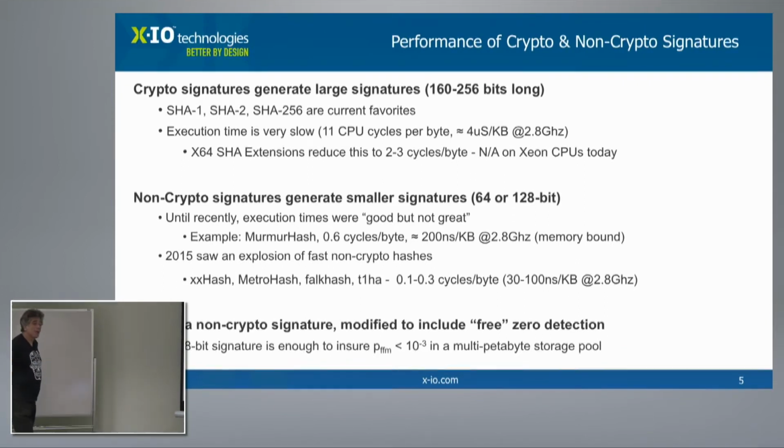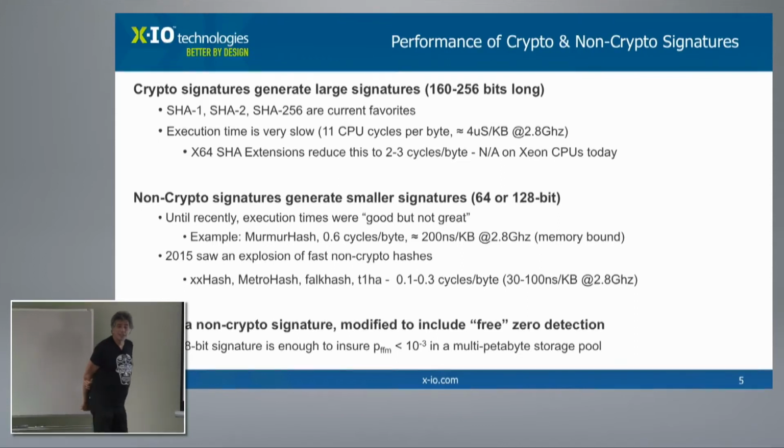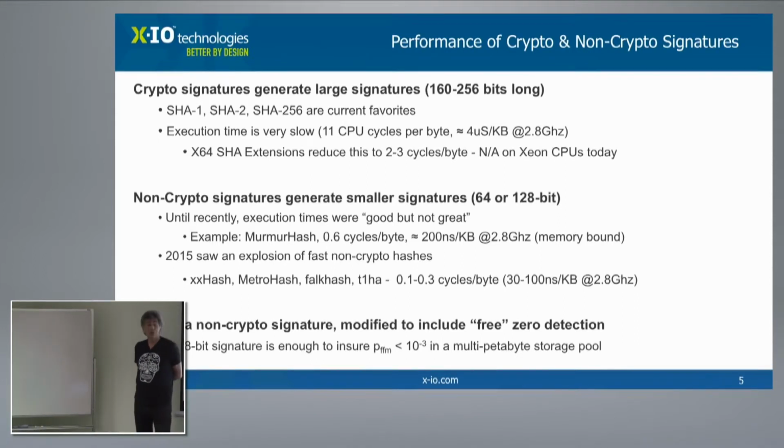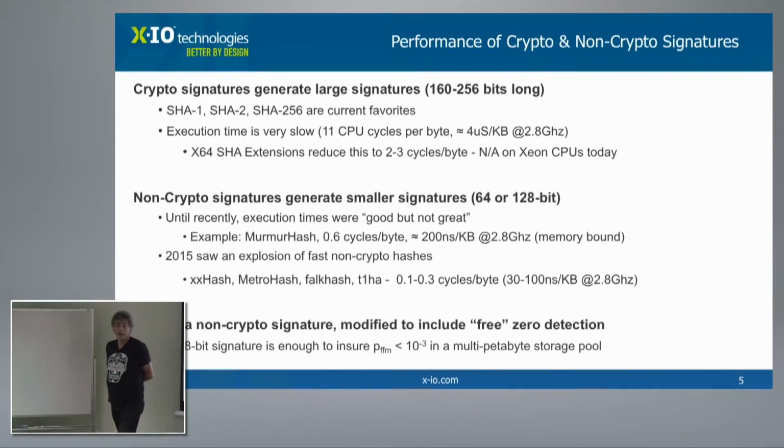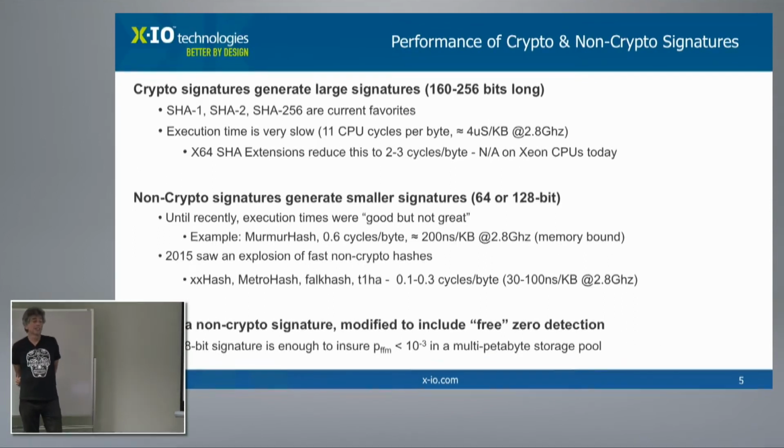Real nice. However, and this is one of the, quote, advantages of being late to the market, in 2015 there was an explosion of non-crypto hash technology, led by Google, who was responsible for a lot of that. They use a lot of hashing, they devoted some effort to it, and they published the results as open source.